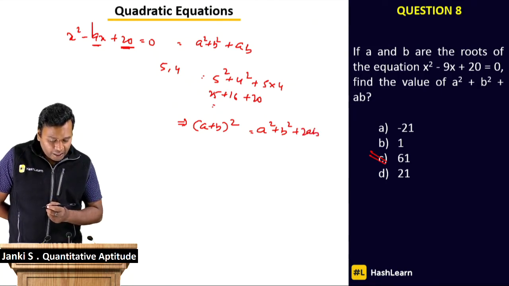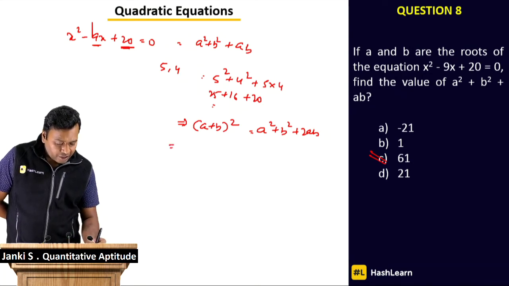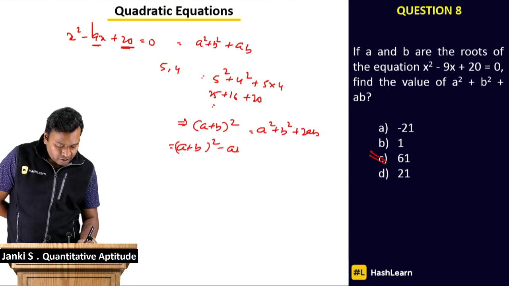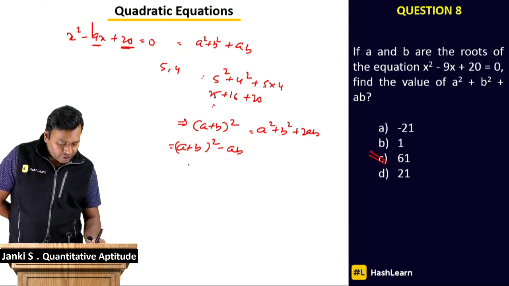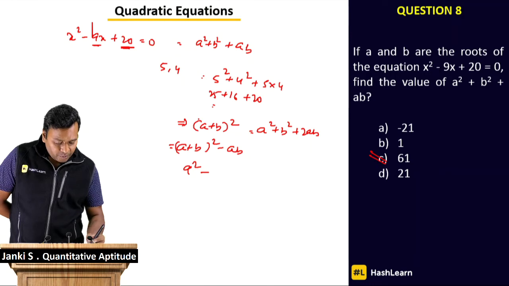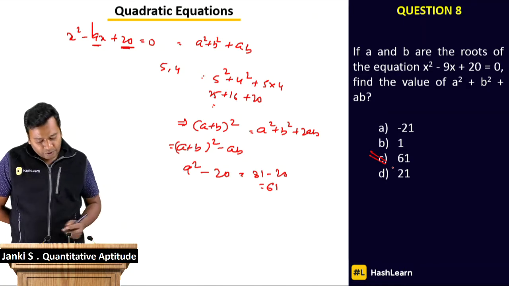Now if I want ab, that means I have to subtract ab from this one. So I can write the value as a plus b whole square minus ab is the format. A plus b whole square should be how much? 9 square is 81 minus ab is nothing but 20, right? So 81 minus 20, my value is supposed to be 61, right?